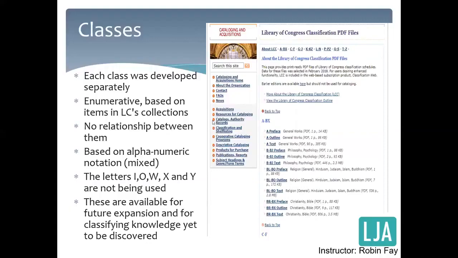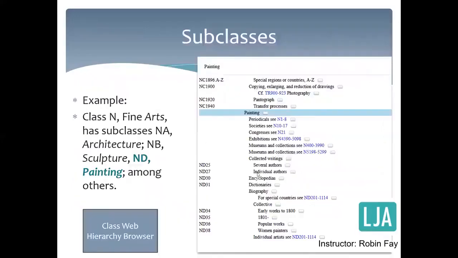When you looked in the classification guides, you actually had to make up your own little call number within that. So there are areas that are still being worked on. They are mostly complete now.